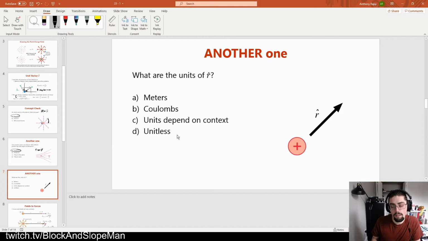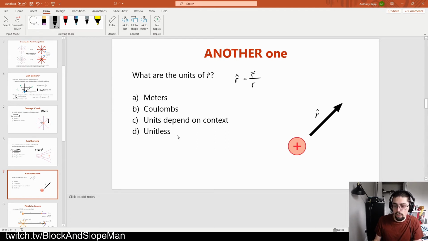So, the way that we can really describe this as well is that I think I might have shown this to you at the very beginning of 191, but it's been a long time if you did see it. A unit vector is defined. So if I was to define R hat, I would take R, the regular R vector, divided by the length of R. So what that means is that it doesn't really matter what units I put in here.